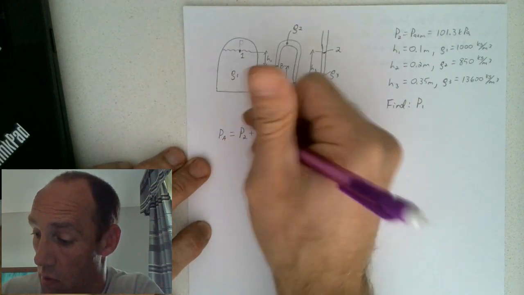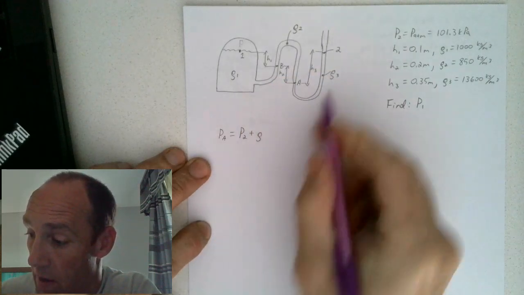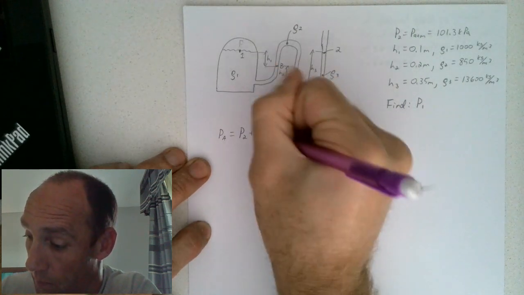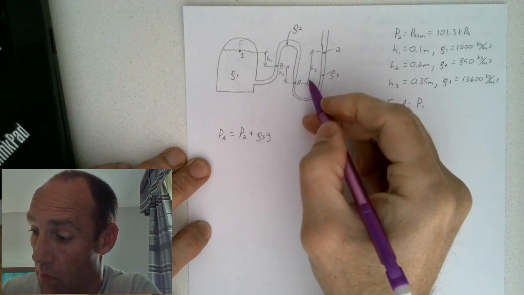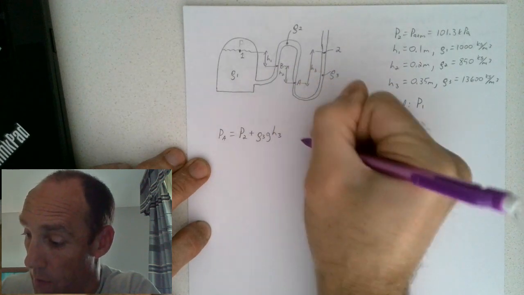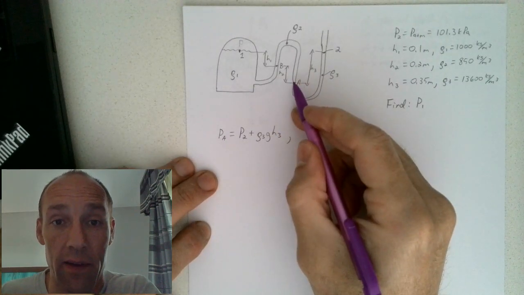So PA equals P2 plus the density of the fluid we're traveling through, rho 3, times g times the depth from 2 to A, which is H3. Now we know the pressure at point A.